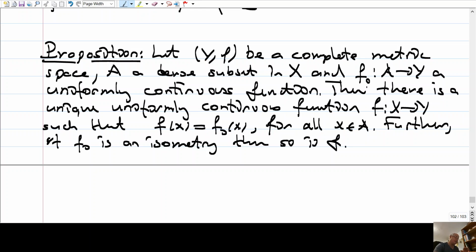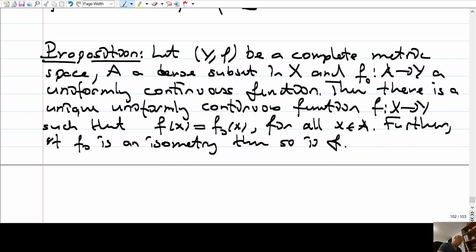Then I can extend the domain of this function to the whole metric space X. It was defined on A. Now I can extend its domain to X. In other words, I can find a function defined on X, which is again uniformly continuous, so that f and f0 agree on A, right? This is just the definition of extension of f0, right? f is an extension of f0 if f and f0 agree on the smaller set A.